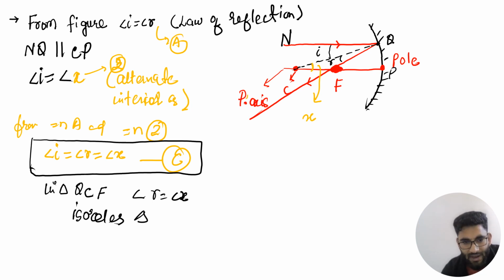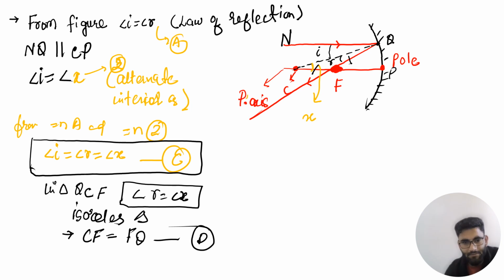Whenever we have an isosceles triangle, two angles are equal and two sides are also equal. So CF will definitely be equal to FQ. Mark this as equation D. Clear? Okay, let's proceed further now.